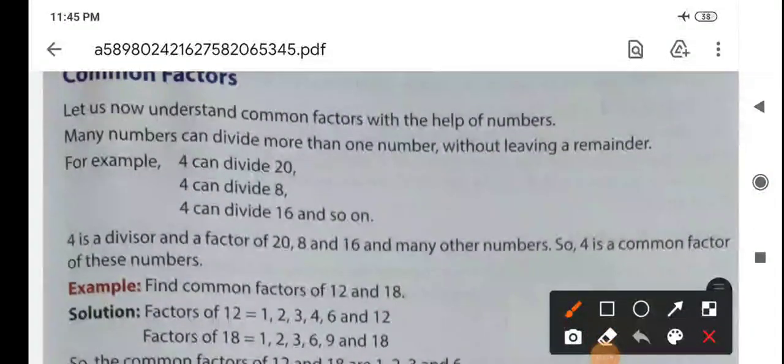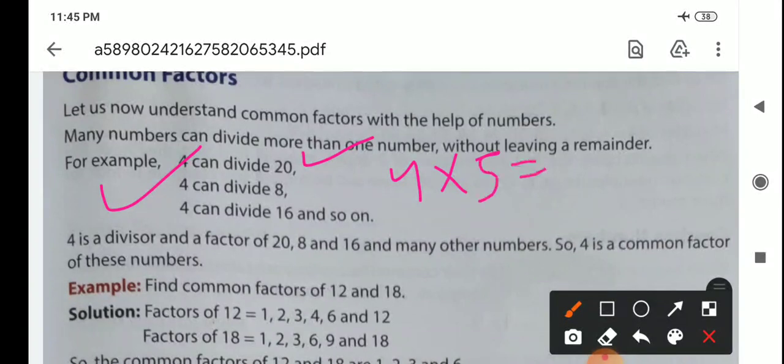Let us now understand common factors with the help of numbers. Many numbers can divide more than one number without leaving a remainder. For example, 4 can divide 20 because 4 5s are 20. 4 can divide 8 because 4 2s are 8, and 4 can divide 16, 4 4s are 16.